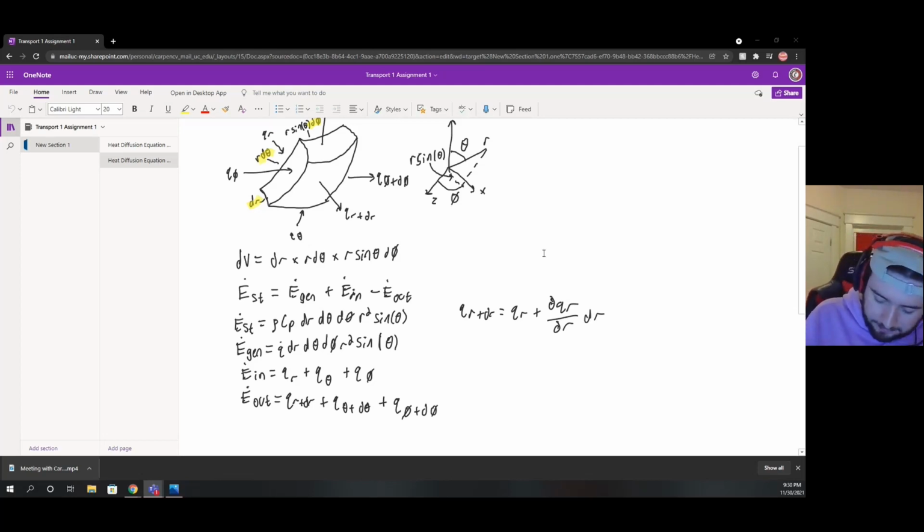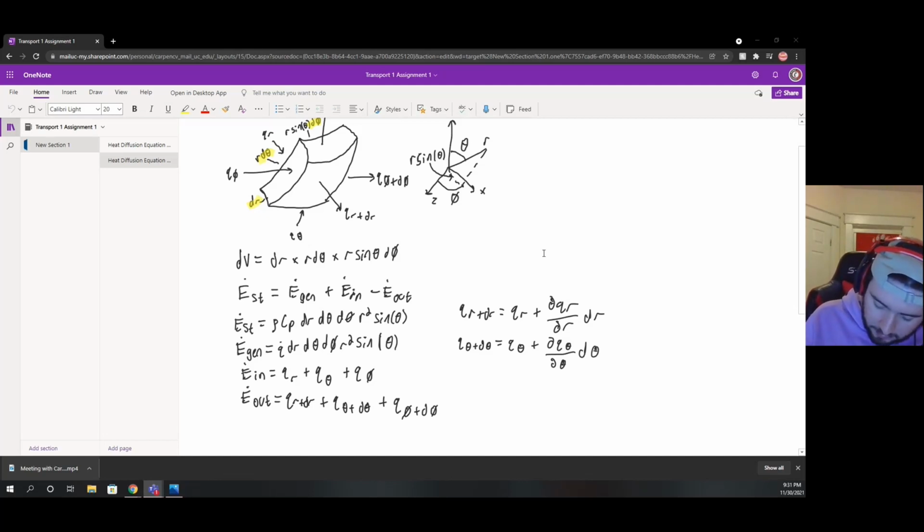And then for the theta direction, we've got heat flow theta plus the partial derivative of the heat flow for theta over the partial derivative of theta times d theta.